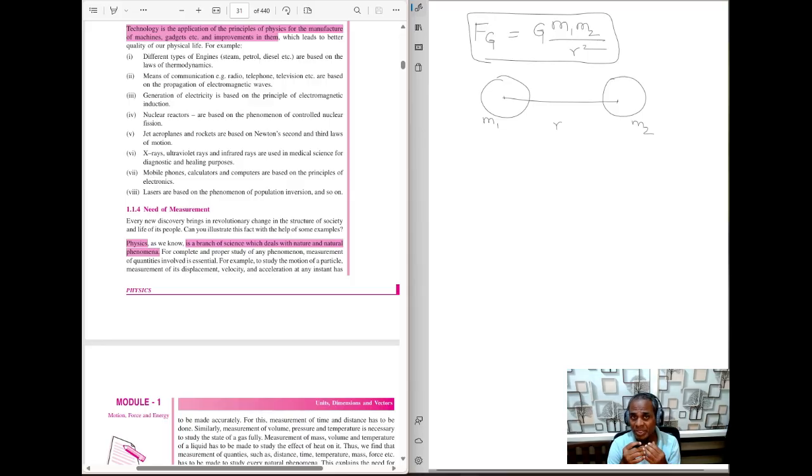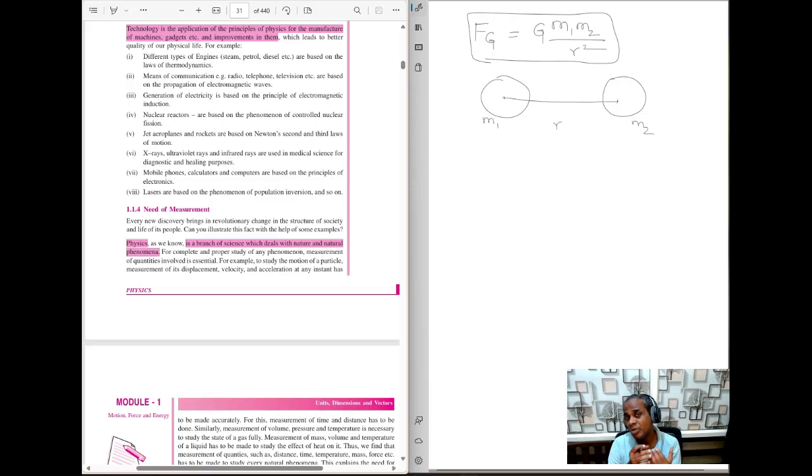Why do we need to measure? Because we need to compare an object's physical properties with those of other objects. That can help us explain the physical phenomena. So when we talk of, let us say, a car moving on the road, we will be interested in how fast it is going.